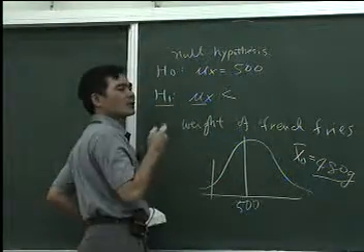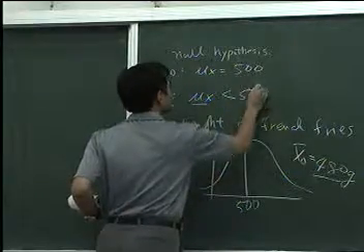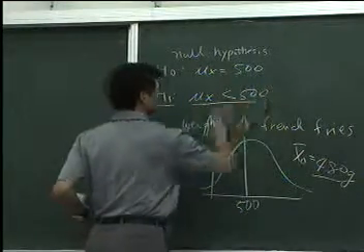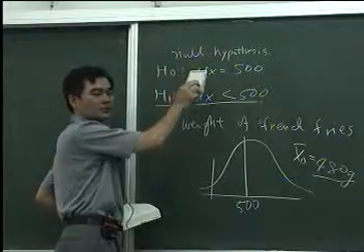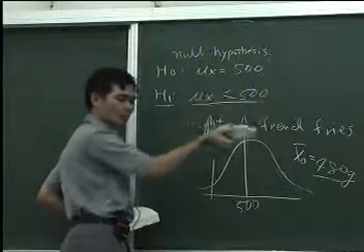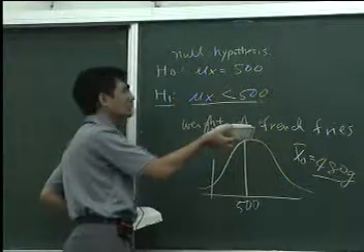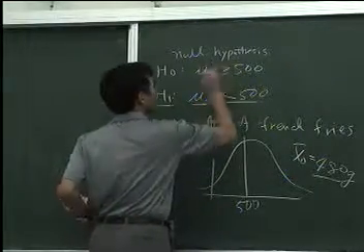We want to figure out whether it's too little or not. We talked about this before, that H0 and H1 should be mutually exclusive. If they are mutually exclusive, then this should be greater than or equal to.